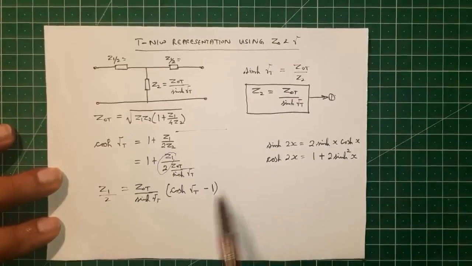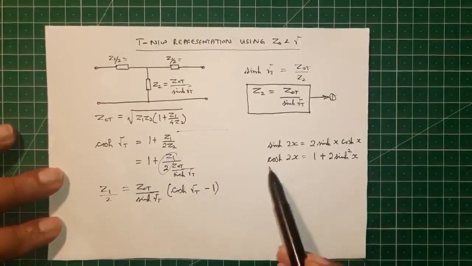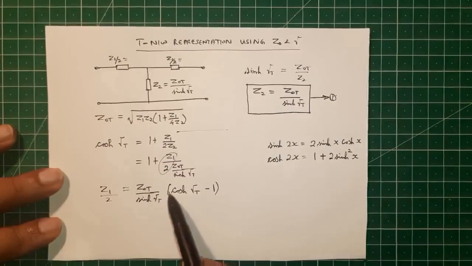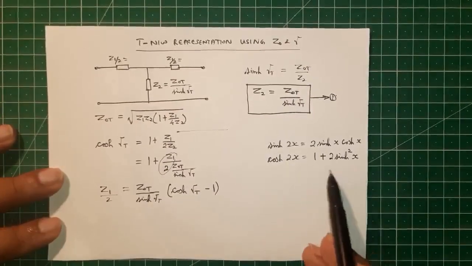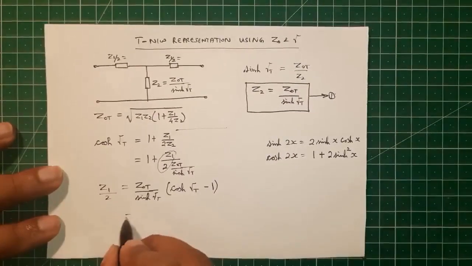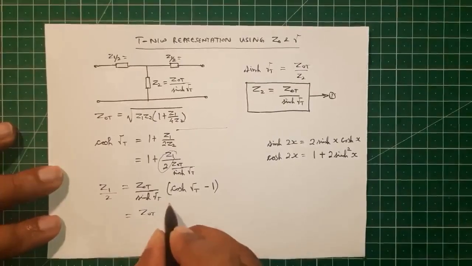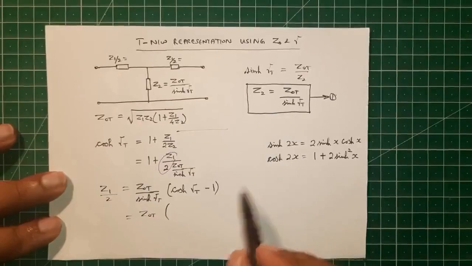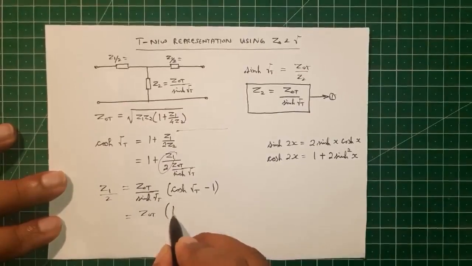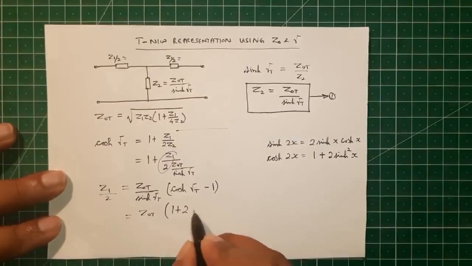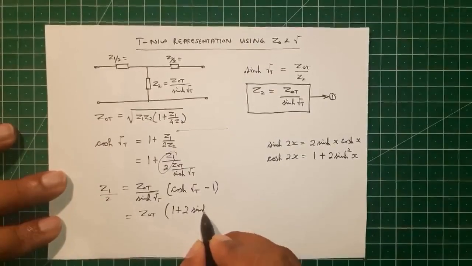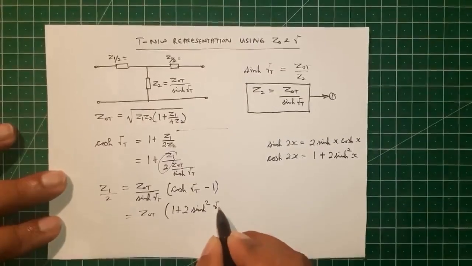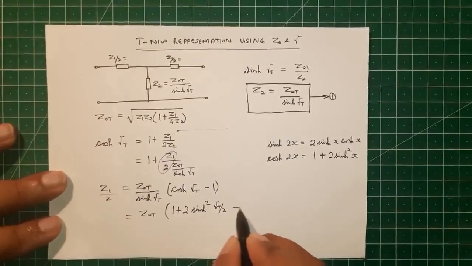We will replace this cosh gamma l using this expression. So we have Z0T into, cosh gamma l will be replaced by 1 plus 2 sinh square gamma l by 2 minus 1.